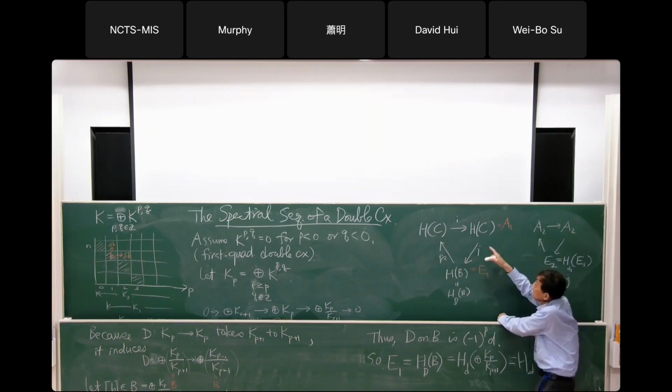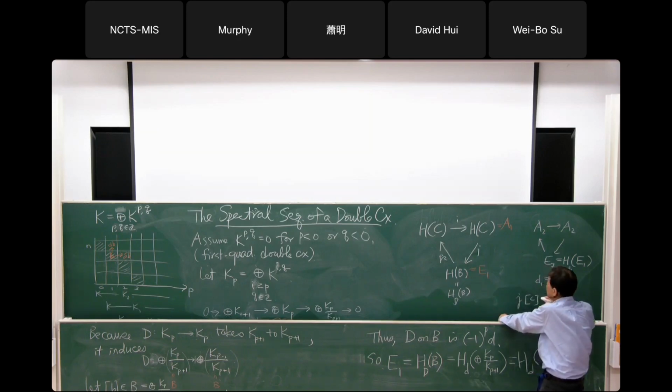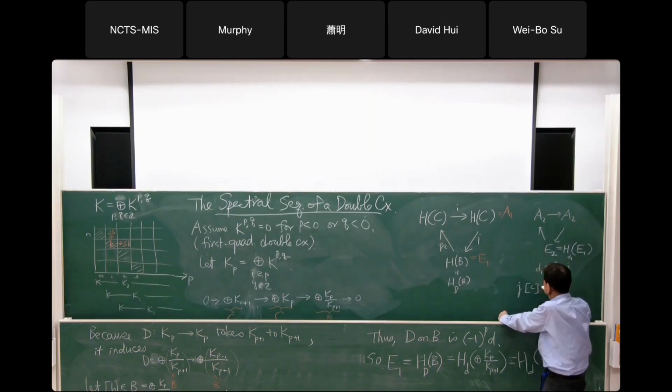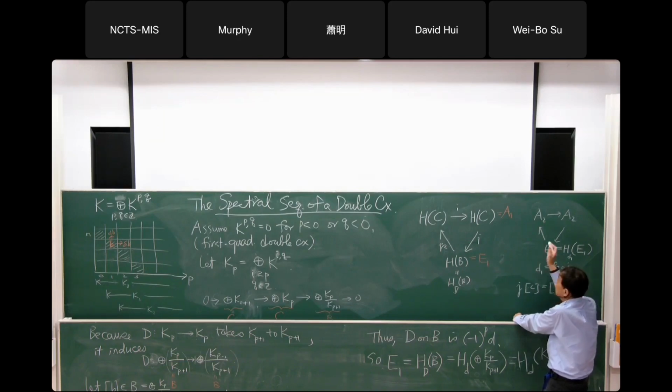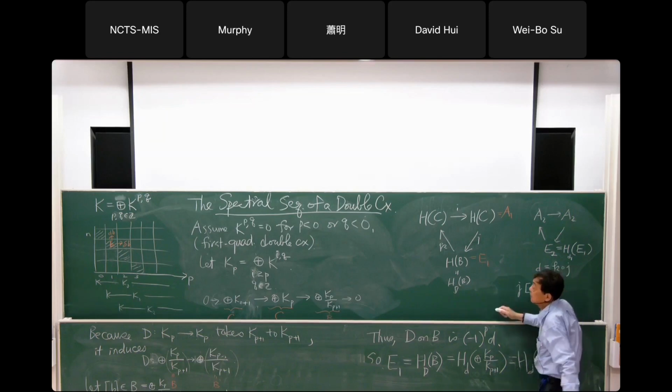Okay, and we know what J is, right? J is just a projection. So J of a cohomology class C, by definition, is just the cohomology of the projection.